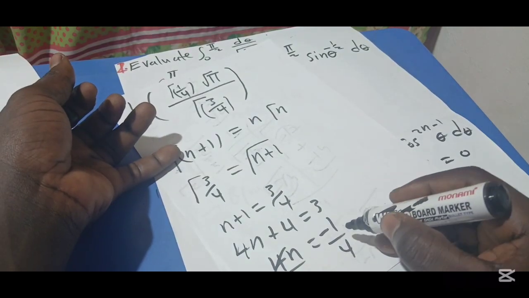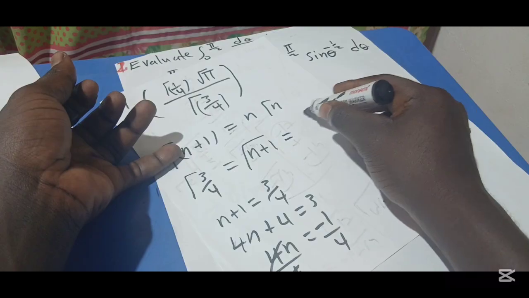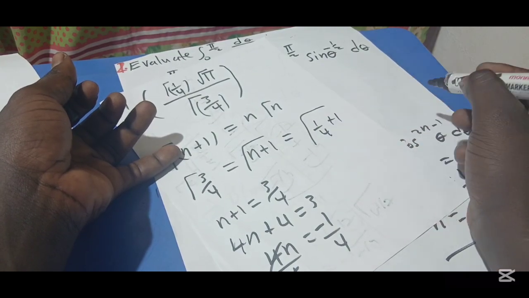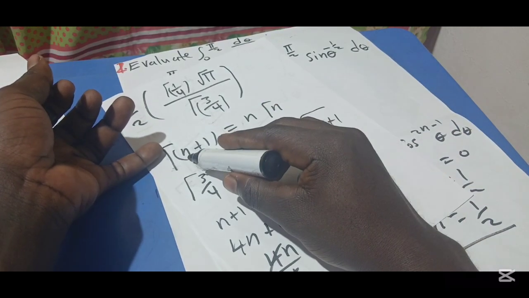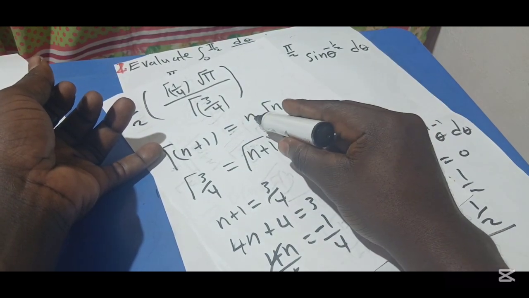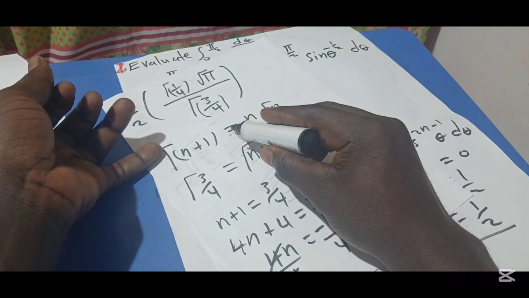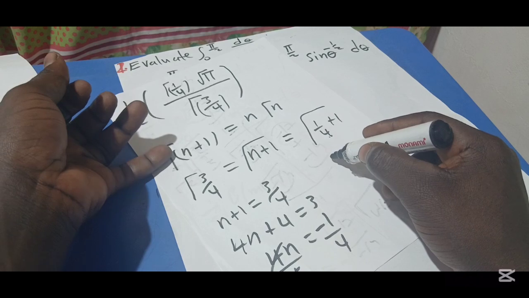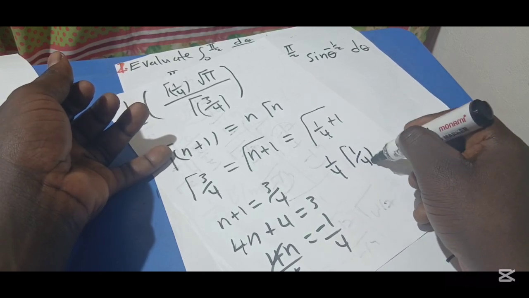Since we are getting minus 1 on 4, we can just leave it like that. If it were a positive number, then we would say this is equal to 1 on 4 plus 1, and then compare our value to the formula. Here our n is 1 on 4, so 1 on 4 plus 1 equal n gamma n, which gives us 1 on 4 gamma 1 on 4.